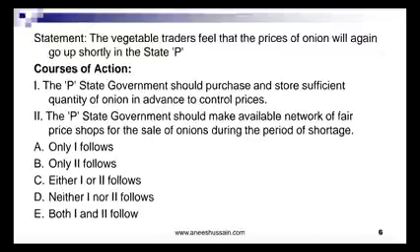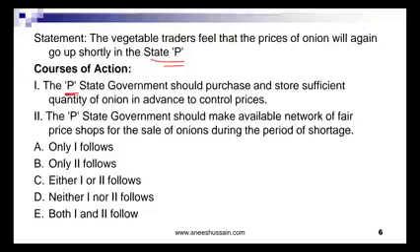Okay. The last question is: the vegetable traders feel that the prices of onion will again go up shortly in state B. So the traders feel that the price will go up again in state B. So what are the courses of action? The first course is that the P state government should purchase and store a sufficient quantity of onion in advance to control prices.